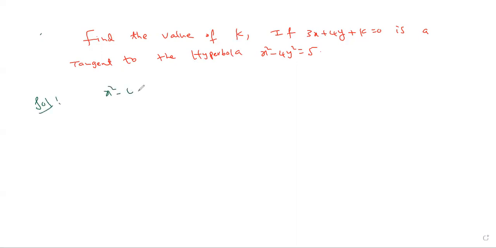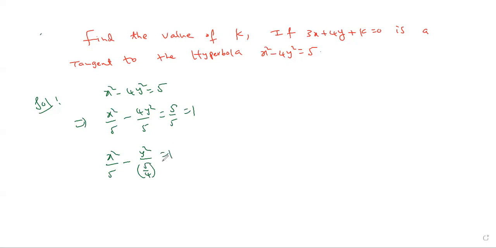First take x square minus 4y square is equal to 5. Convert into standard form, divide by 5: x square by 5 minus 4y square by 5 equal 5 by 5, which is 1. So you get x square by 5 minus y square by 5 by 4 is 1. Compare with the standard form x square by a square minus y square by b square is 1. You can write a square as 5, b square as 5 by 4.